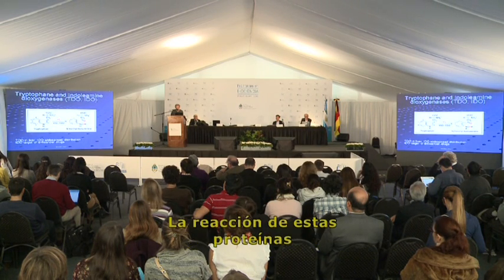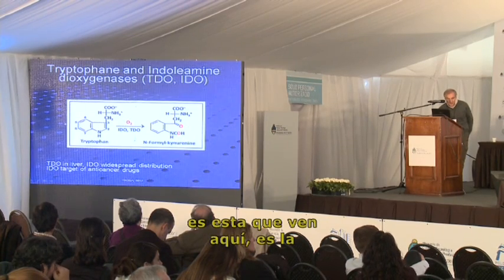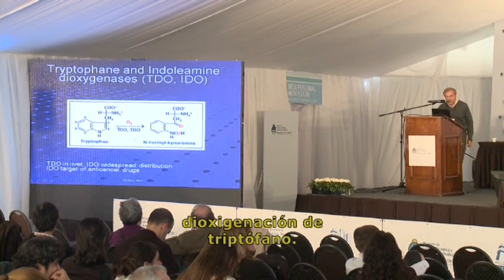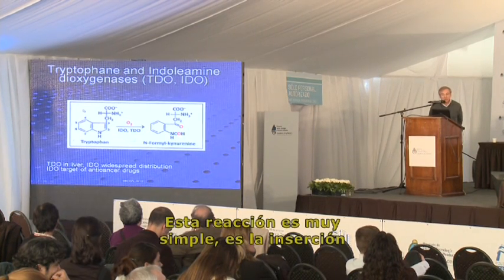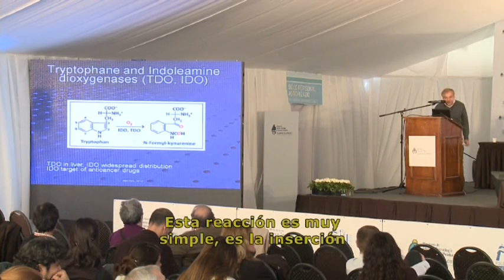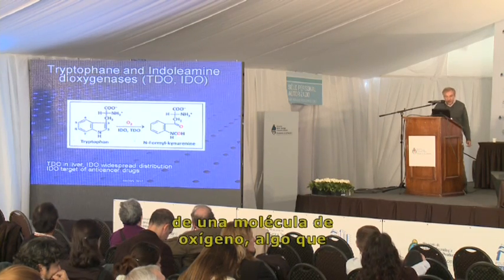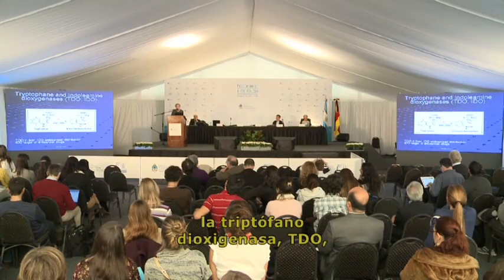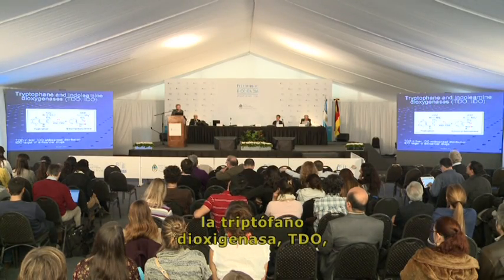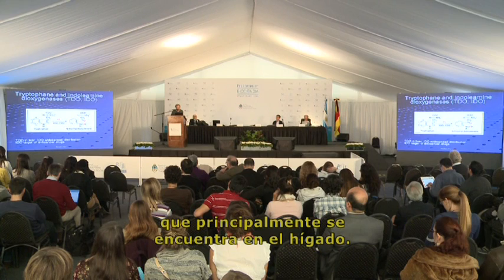The reaction that these proteins carry out is the one you see here, the dioxygenation of tryptophan. This reaction is very simple. It's the insertion of an oxygen molecule, and this is carried out by the first enzyme, tryptophan dioxygenase, called TDO, which is mainly in liver.